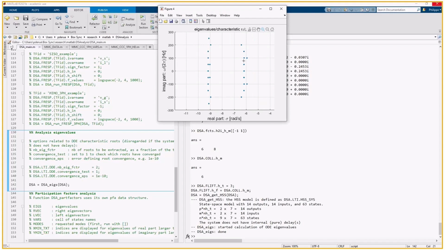This one, 1, 2, 3, 4, 5, 6, 7. I assume that there will be a shift of +1. So 1, 2, 3, 4. This one will be the centermost eigenvalue. There are 2 of them, so sometimes it's a little bit tricky, but by means of participation factors, we will be able to determine exactly which one is related to the eigenset that is centered around 50 Hz.